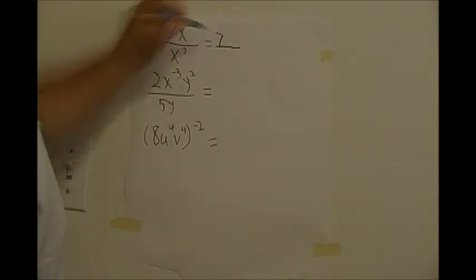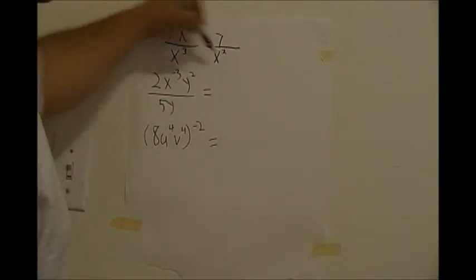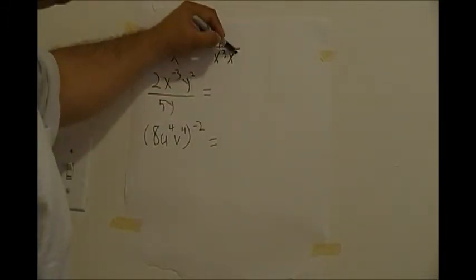So again, draw out your fraction line like this. Let's copy the number first: 7. Then let's focus on the x terms. Look at this x to the negative 2. That's going to come to the bottom, so we write that in the bottom here: x squared times x cubed. Don't forget about that x cubed in the bottom.